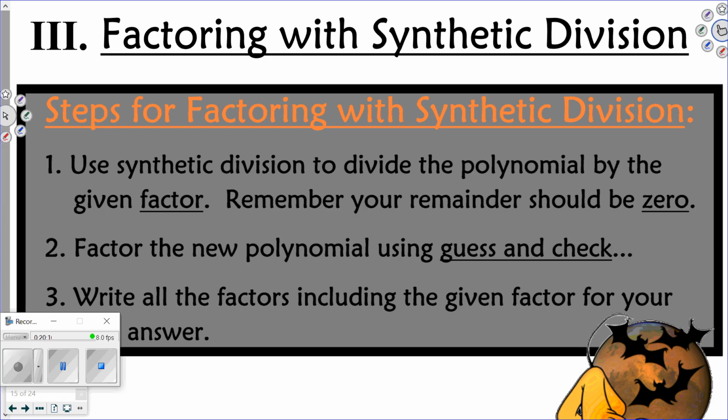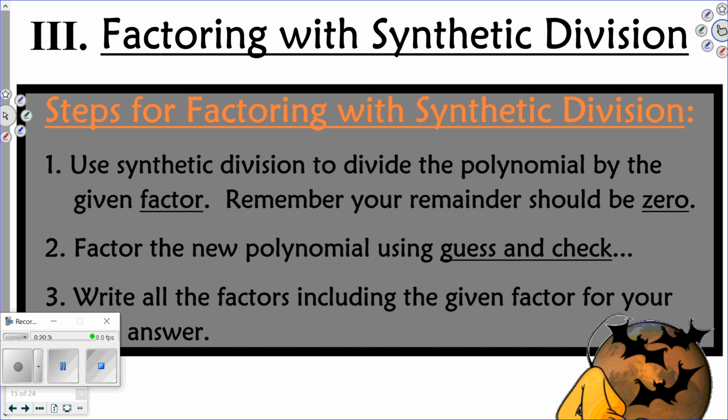All right, so the next part is kind of putting together stuff we've done in the past with our synthetic division, and again, I'm baby stepping you for the next section that's coming up. So, steps for factoring with synthetic division. Use synthetic division to divide the polynomial by the given factor.